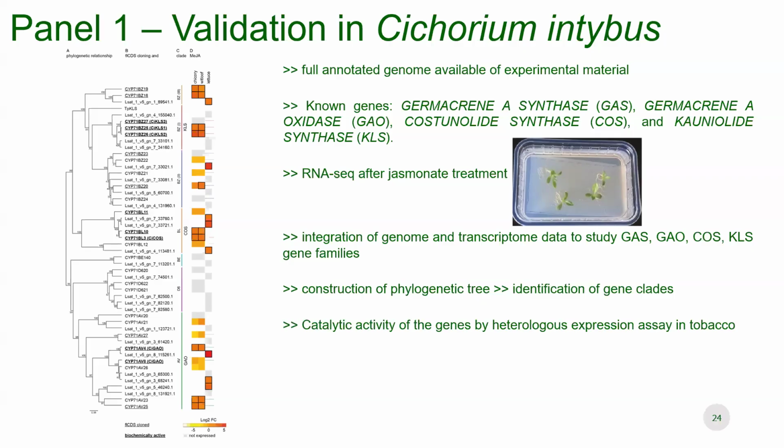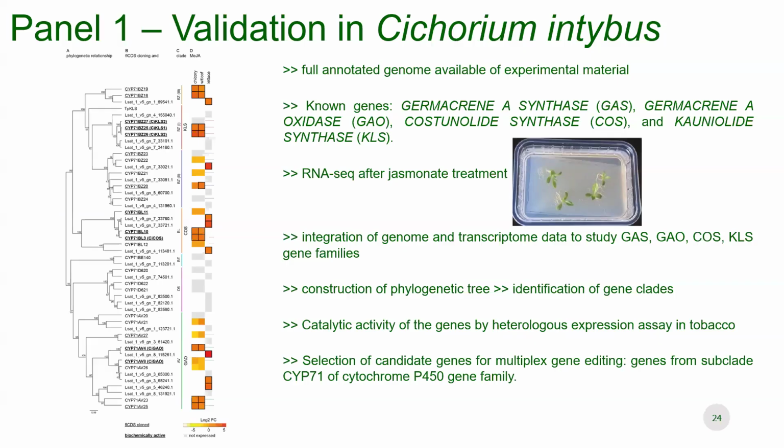Here you can see also the phylogenetic tree with the RNA-seq data included. And then for some genes of interest, based on the gene clades, we analyzed catalytic activity by a heterologous expression assay in tobacco. And by this, we could select candidate genes for multiplex gene editing.